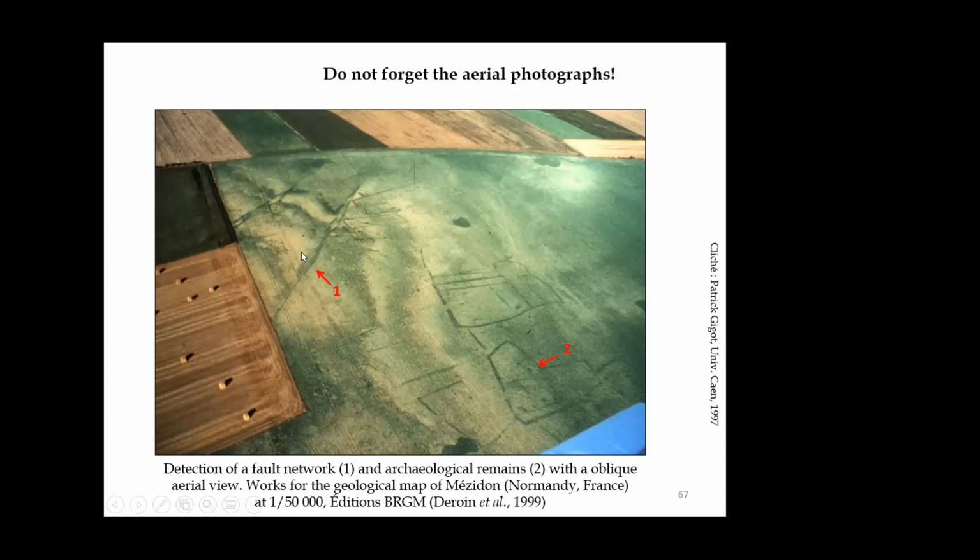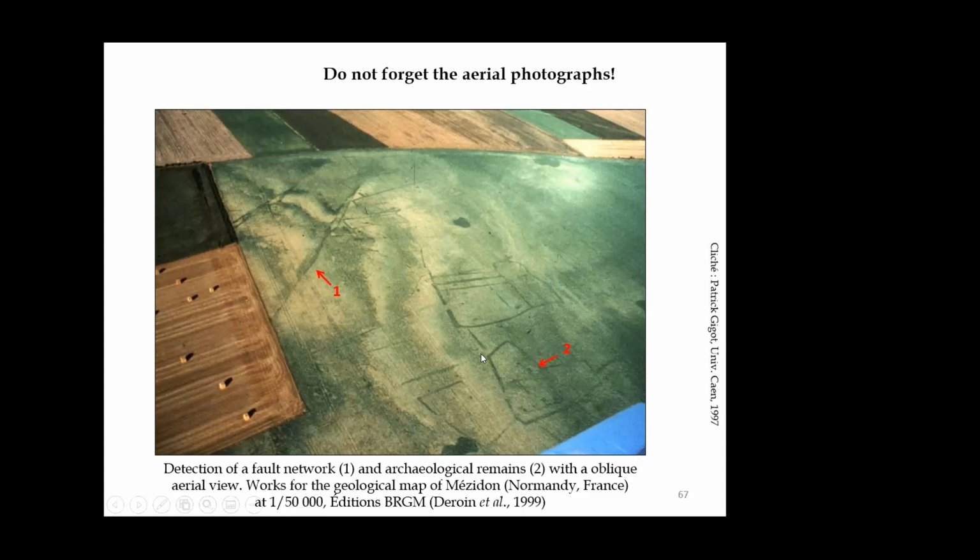You can also see a difference between the yellow area, corresponding to more or less outcropping limestone, and the green area, corresponding to marl with some clays. So the rock is not the same. So this is geology, but you can see here that there are also other features corresponding to these lines.